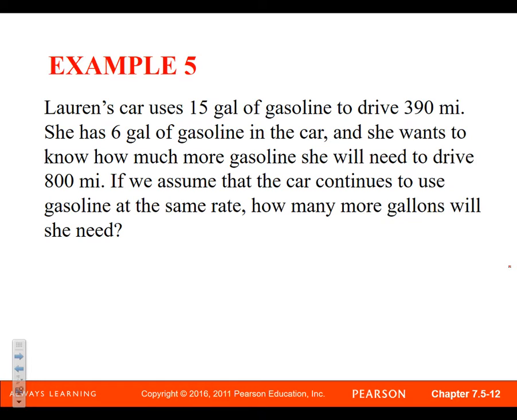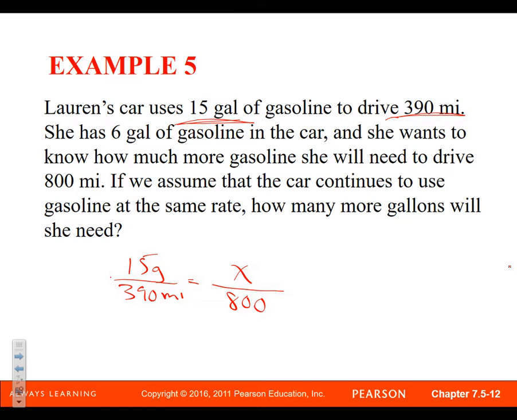Okay, you're going to create a ratio. We know that it takes 15 gallons to drive 390 miles, right? So 15 gallons to drive 390 miles. How many miles does she want to drive? 800. That means that she's going to need X amount of gallons, correct?